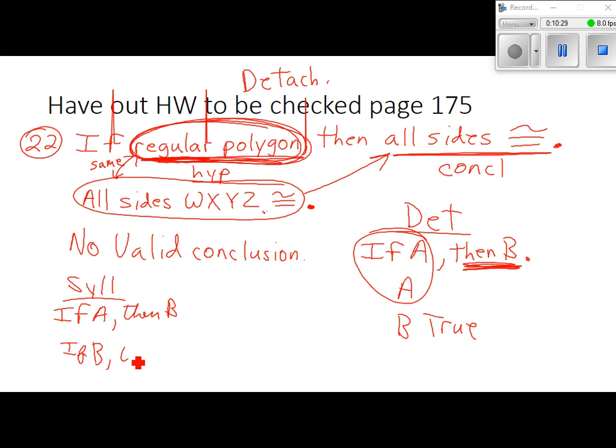If B, then, who knows, C or whatever. So these two have to be the same. And then we can put together a new statement saying if A, then C. Law of detachment, law of syllogism. Don't make them harder than they are. I know that they're sort of confusing, but.